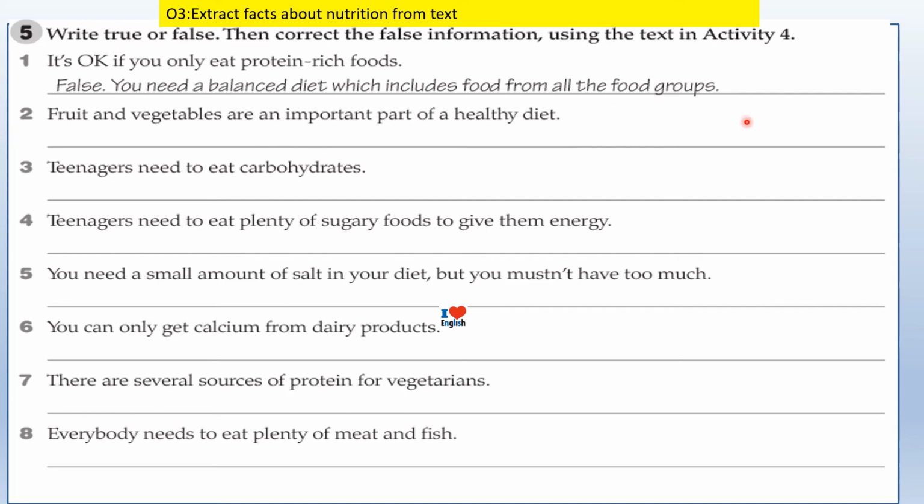What about 2? Fruit and vegetables are an important part of our healthy diet. Yes, of course, fruit and vegetables are a very important part. So it's true because they give us vitamins and minerals. Teenagers need to eat carbohydrates like we mentioned in the text we have read in activity 4.